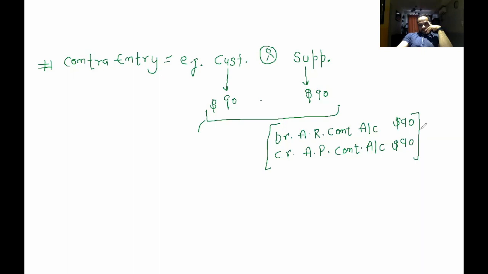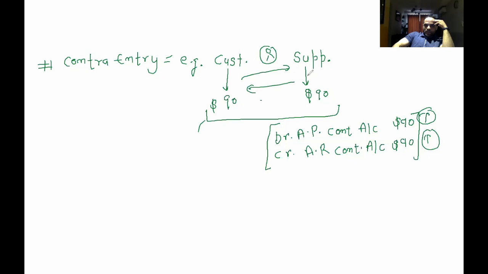No, let me check. If you do that, accounts receivable increased and accounts payable increased, so something is wrong, because both increased. So debit accounts payable, credit accounts receivable, because they are paying each other.